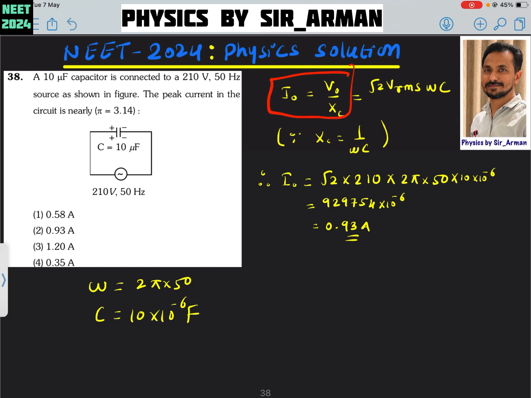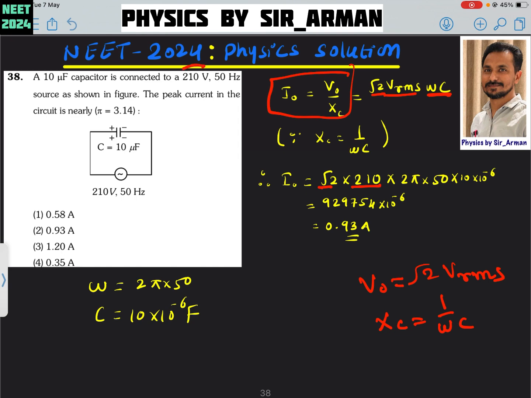Now V naught is root 2 Vrms, and Xc is 1 upon omega c. So if you put 1 upon omega c here, it will go up. So the peak current will be, peak means amplitude, highest current, root 2.